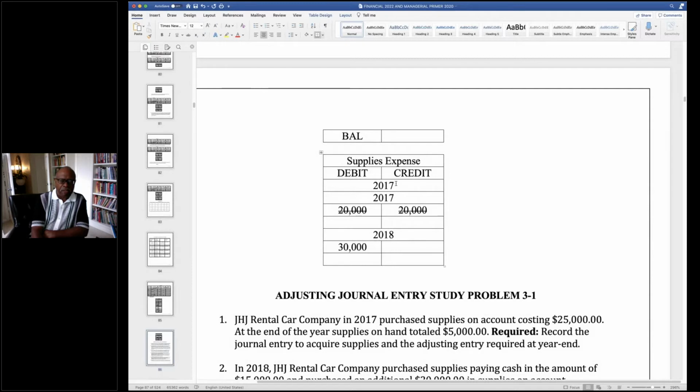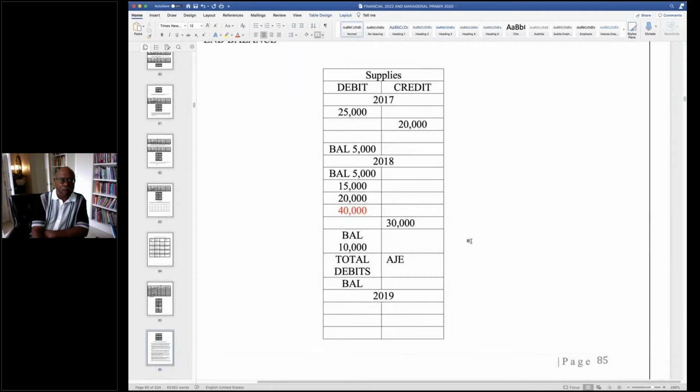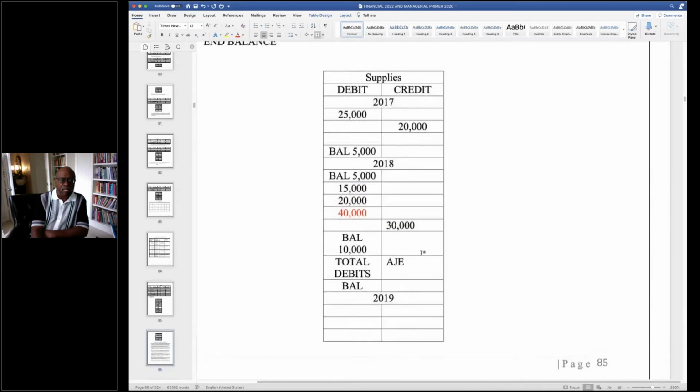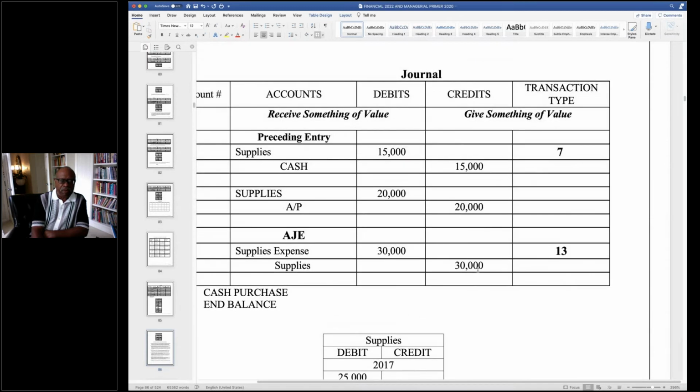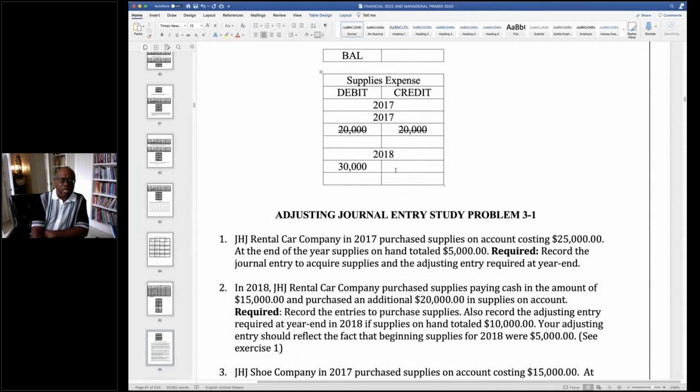All expense accounts are closed out at the end of the year. So 30,000 is the adjusting entry. That's the entry we make. And then we're going to put 30,000 in here in the closing entry eventually to close out 2018.